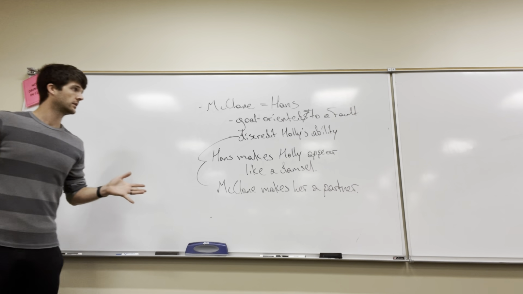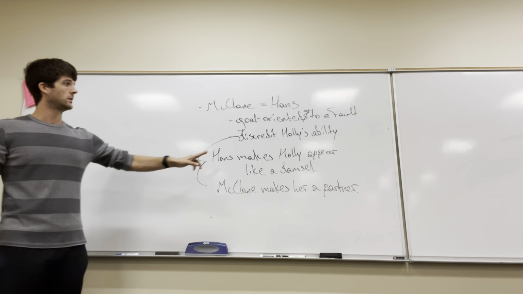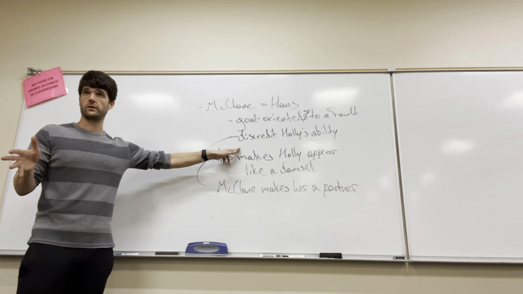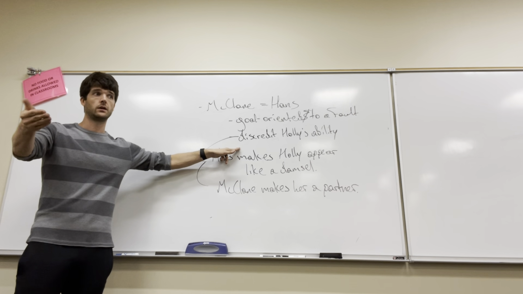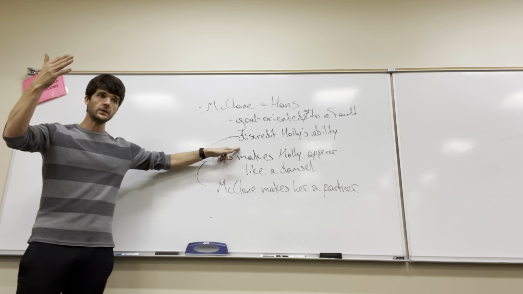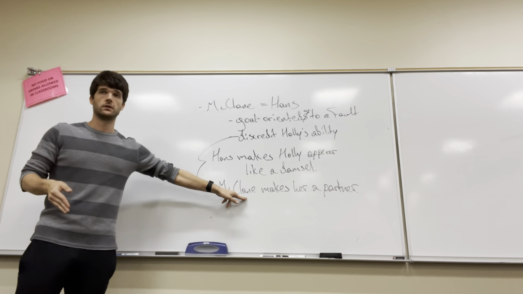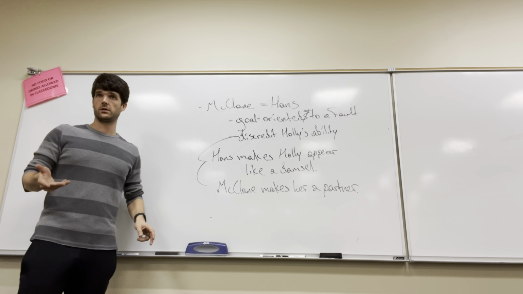That to me suggests, as you were saying, that he's not doing this anymore, right? He's kind of recognizing her ability in the moment. He recognizes that she could be a partner.